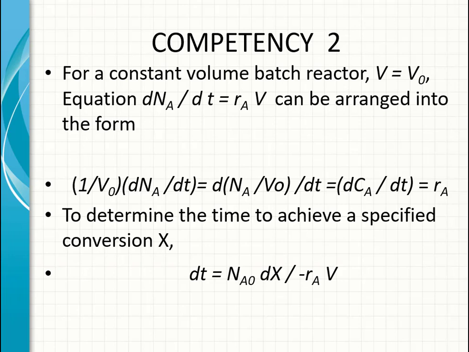But Na divided by V0 is the concentration, so we will have dCA divided by dt, and this is the rate Ra.